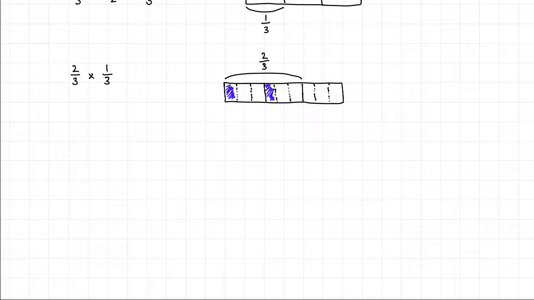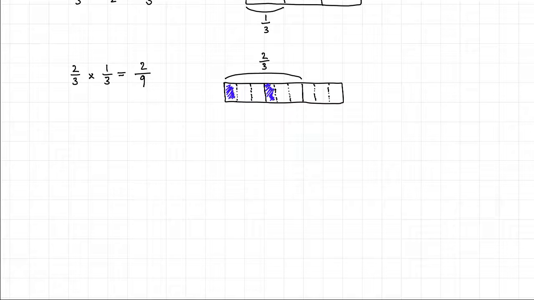Okay, so what I have here is I have 1, 2, 3, 4, 5, 6, 7, 8, 9 sections, and I've got two of them that are blue. So my answer is going to be 2 out of 9. So I can see that there's 2 blue sections out of 9. There was 3 here, there's 3 there, and there's 3 there.